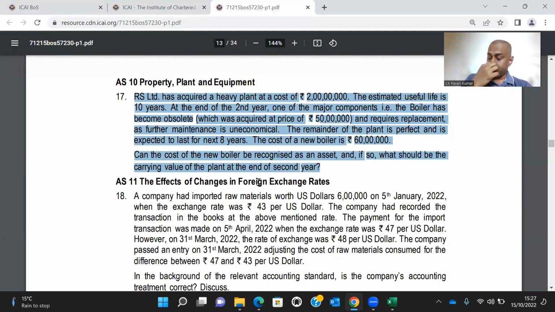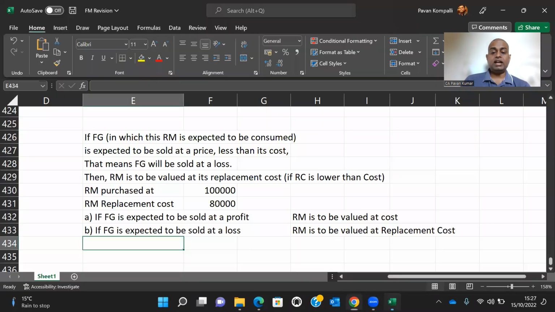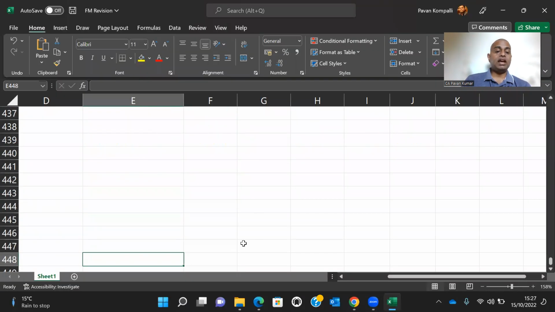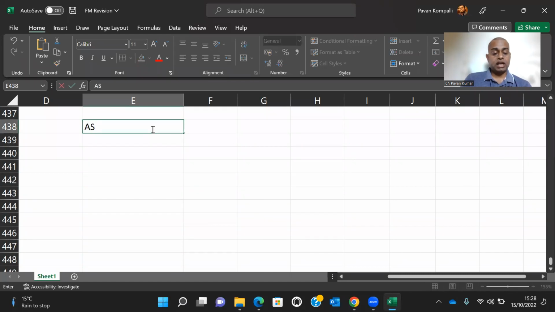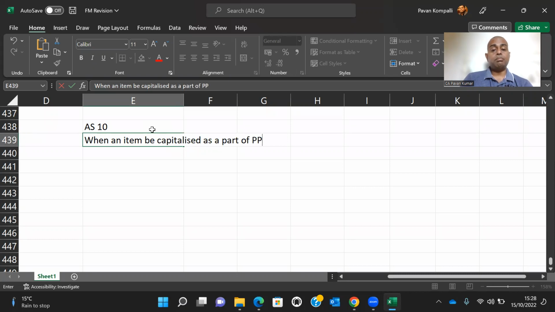So first you tell me, when a fixed asset or additions to fixed asset can be capitalized. Accounting Standard 10. Now you tell me, when can an item be capitalized as a part of property, plant and equipment as per AS 10?